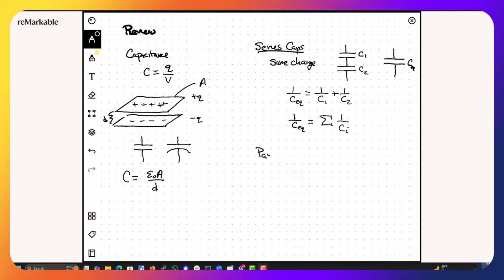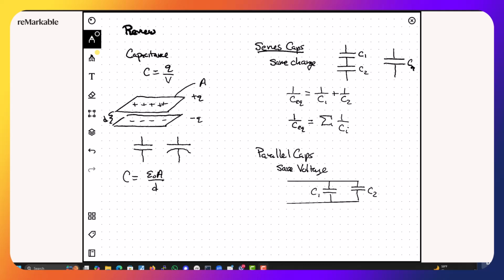Parallel capacitors have the same voltage on them. And so the picture looks something like this. Right, so C1, C2, and the same voltage difference across them because they're connected at the top and at the bottom.